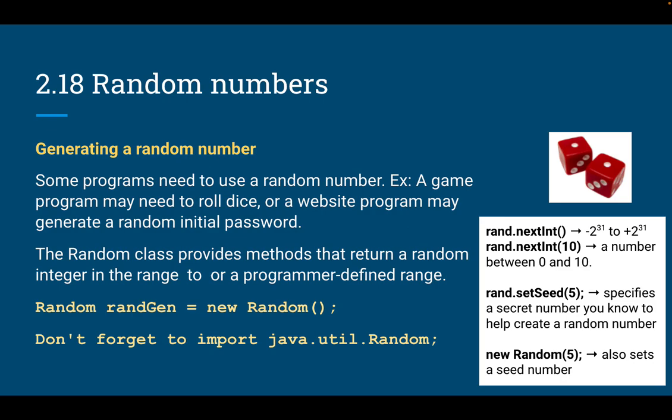If the random number is not random enough for you, you can actually seed it with a special number. Here I'm just seeding it with 5, but you could specify anything you want. You could specify the system time clock in milliseconds as the random number generator.